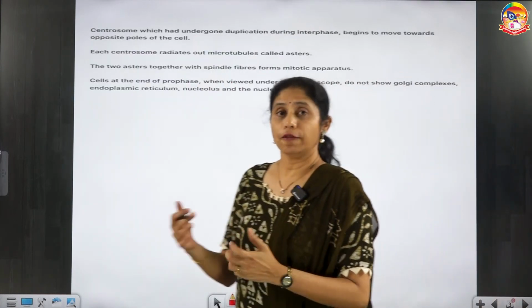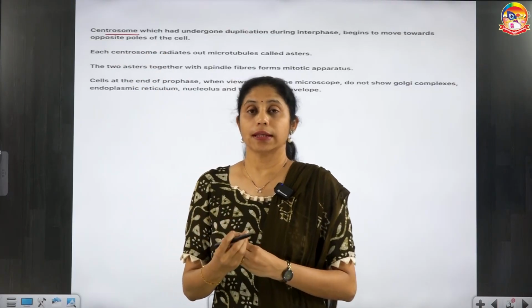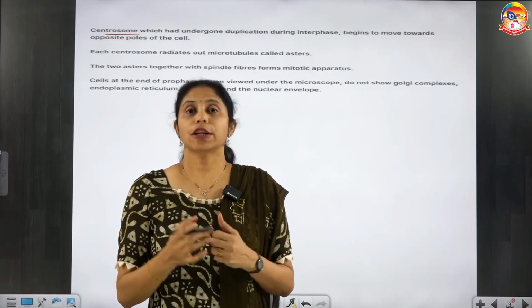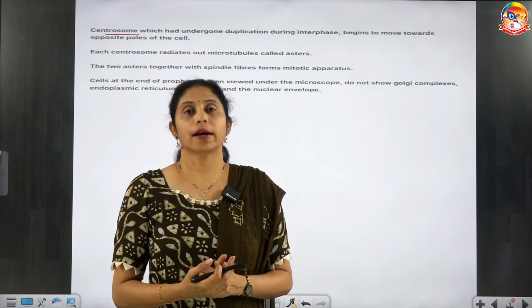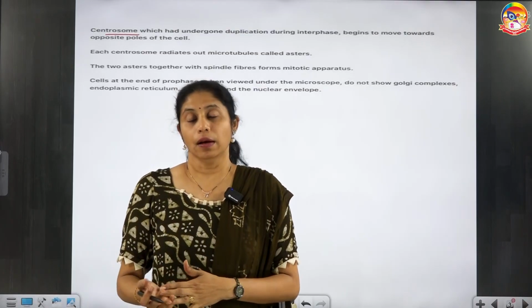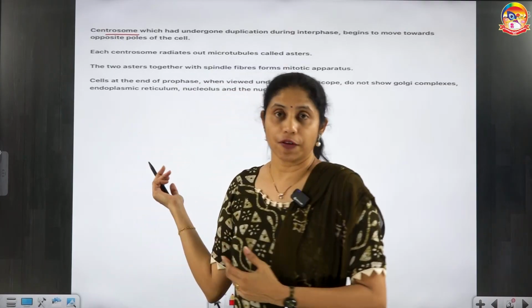Next, the centrosome. You know that the centrosome is a particular cell organelle present in animal cells. The centrosome also got duplicated in the S phase only. So instead of one centrosome per animal cell, we will have two centrosomes per animal cell after the S phase.